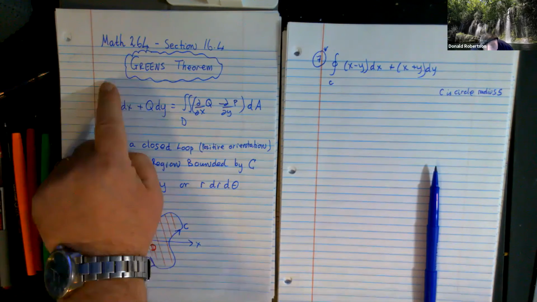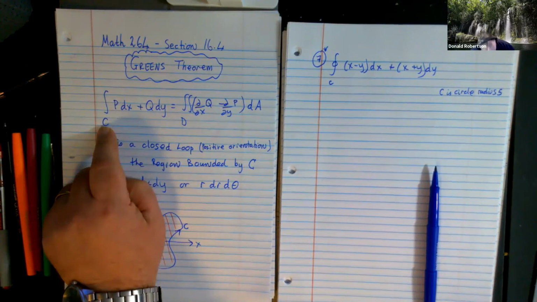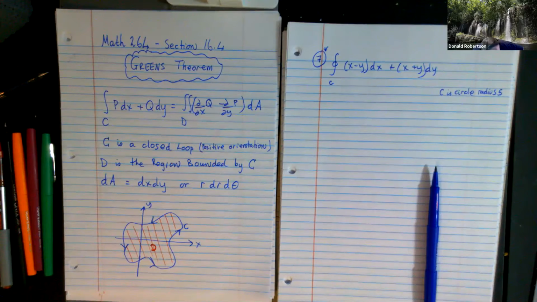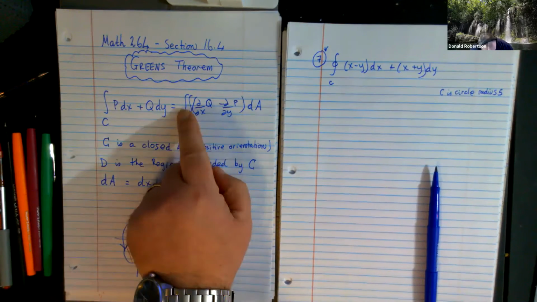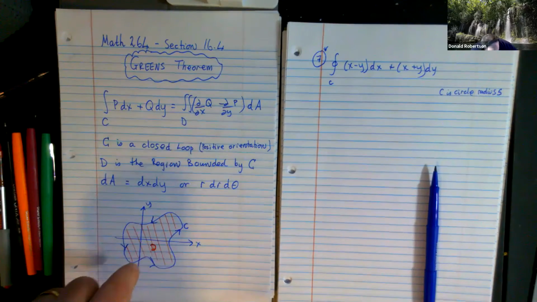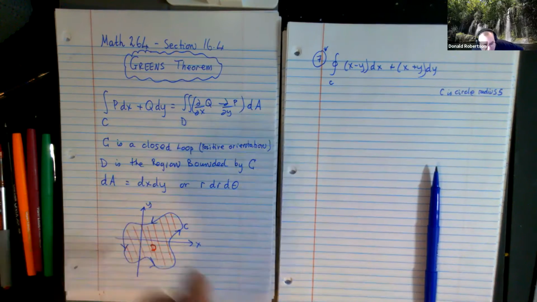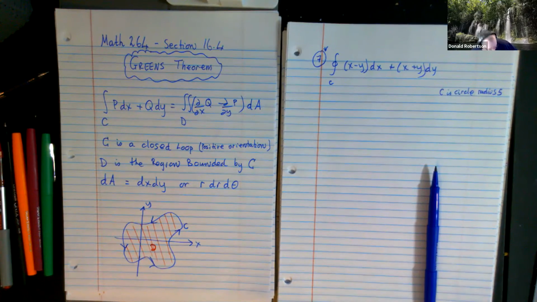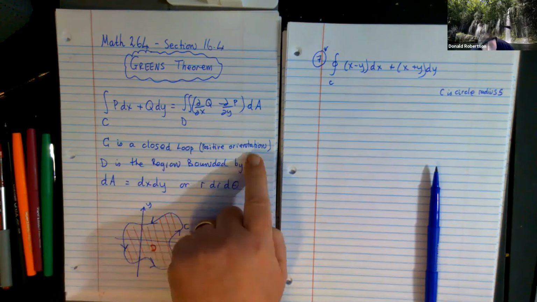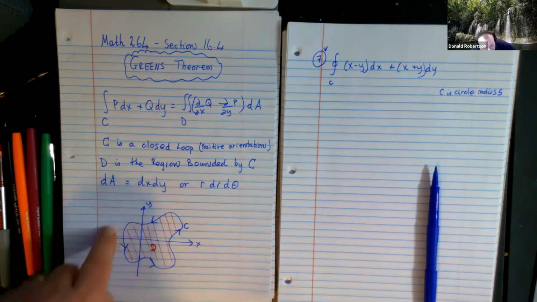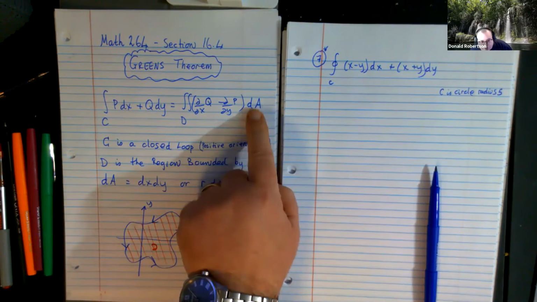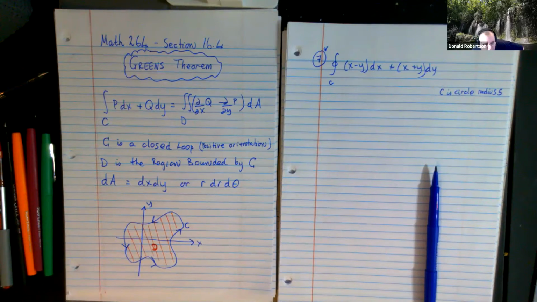It says the integral on C, doing a positive orientation, which is anti-clockwise, can be rewritten as a double integral of the region D. So if you imagine this is the closed loop for C, D is the region inside it. C is a closed loop, it's positive, D is a region bounded by C, and dA, because it's now going to be turned into a double integral, has one of two choices.